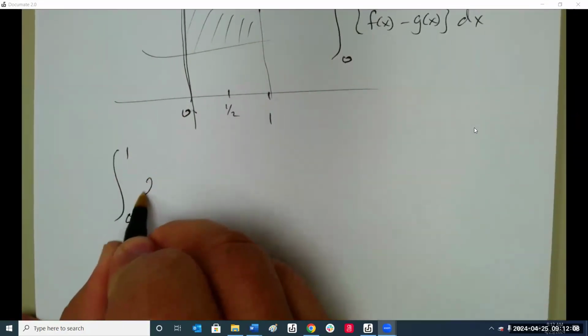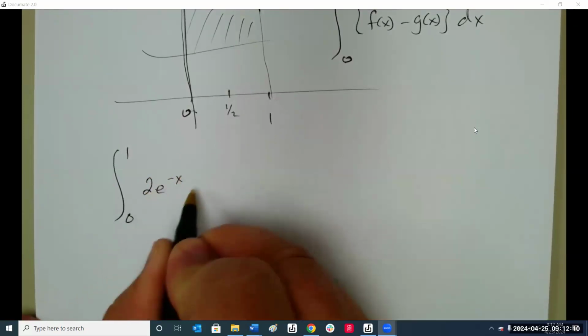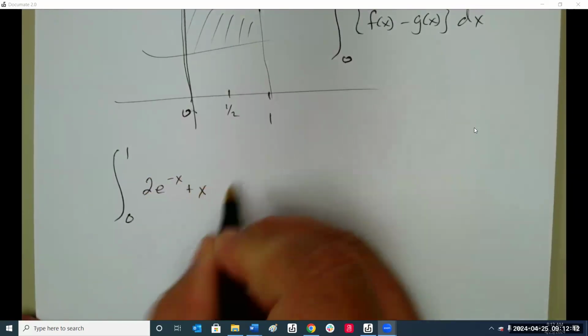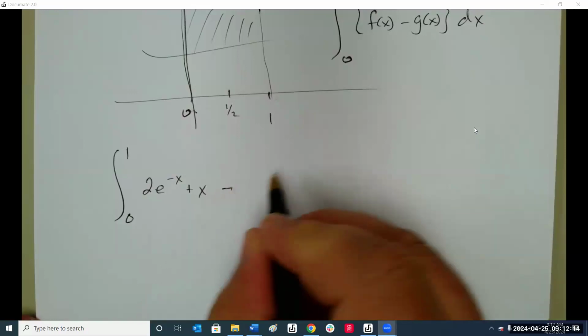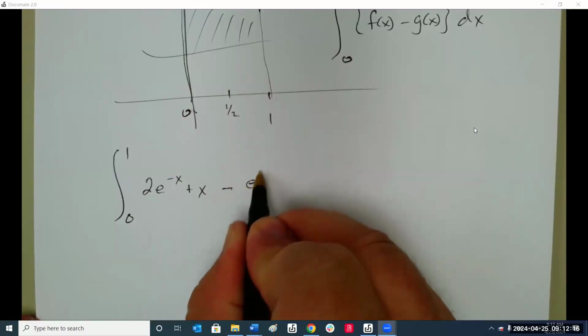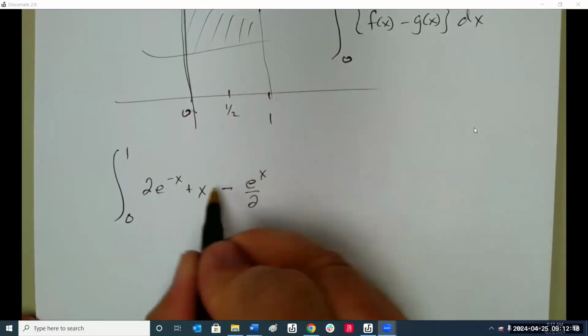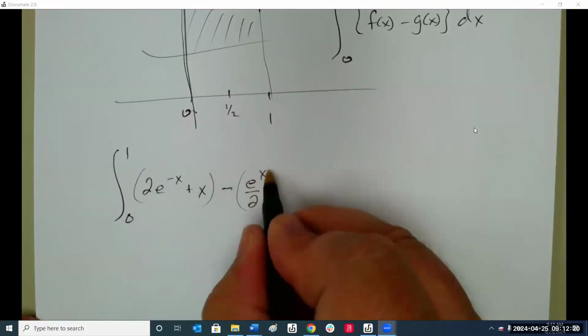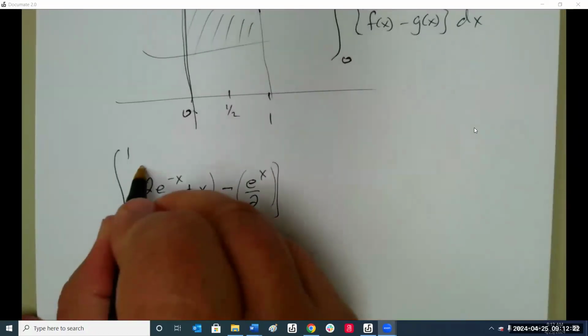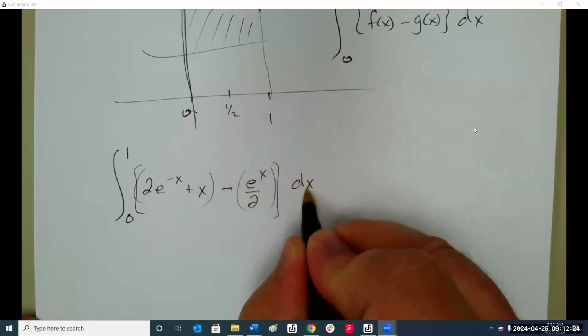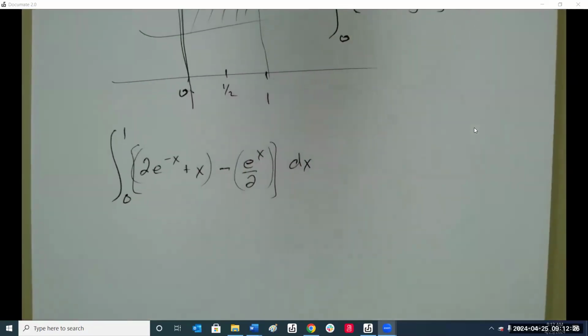So we have 2e to the negative x plus x minus e to the x over 2, dx. What would you do next?